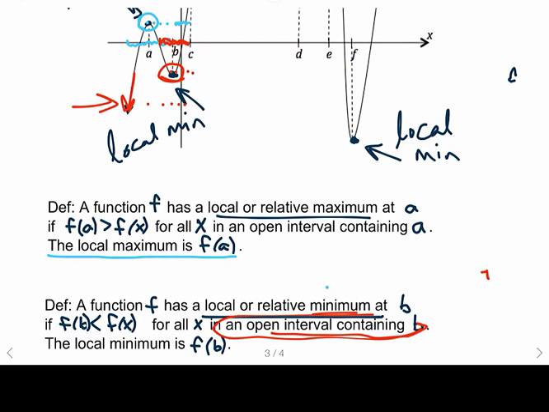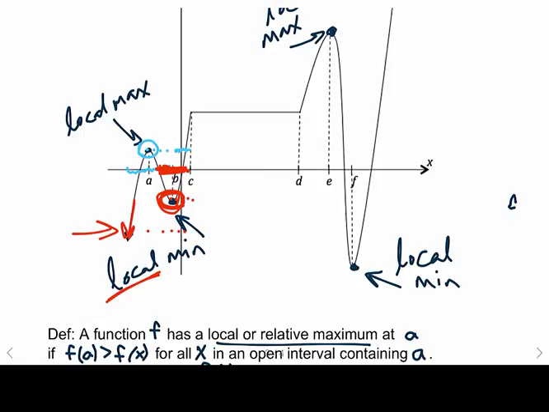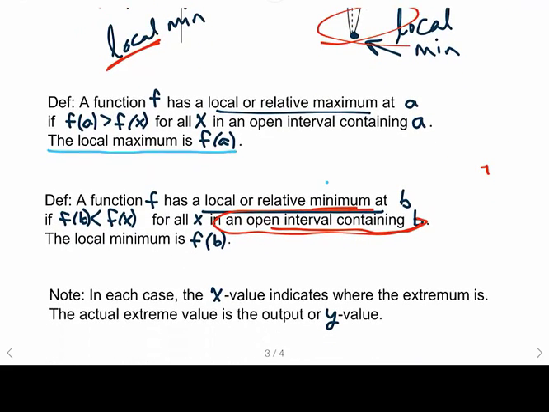So if I'm near b, then I found a little minimum there, and that's what's referred to as the local minimum. We aren't looking for the king of all the hills, just the king of that hill, or in this case, the king of the valley, I suppose. Of course, we have a couple of other places where we had a max and a min, but we'll look at that in the next slide.